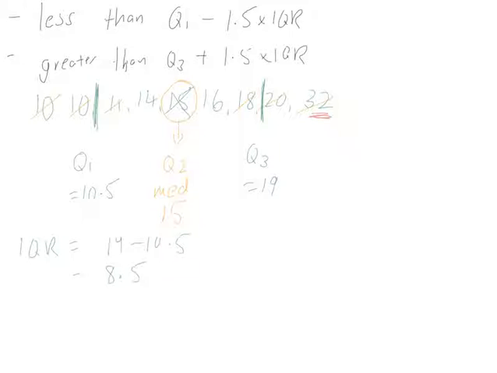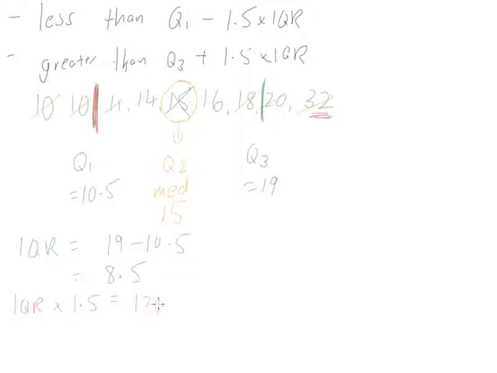Now let's put the definitions in context. For the lower bound, Q1 minus 1.5 times the interquartile range, the interquartile range is 8.5. If I multiply it by 1.5, that gets me 12.75.